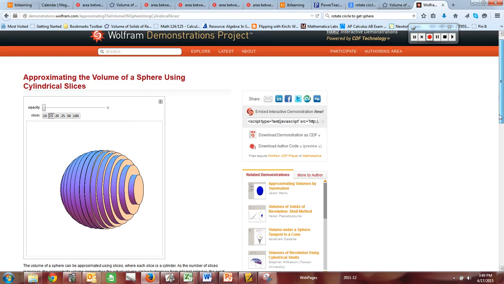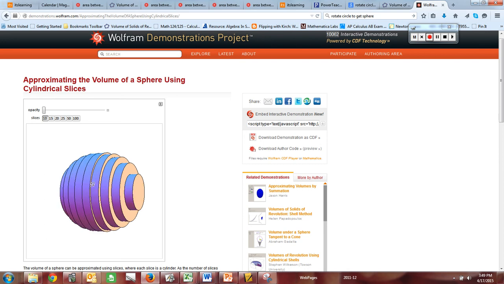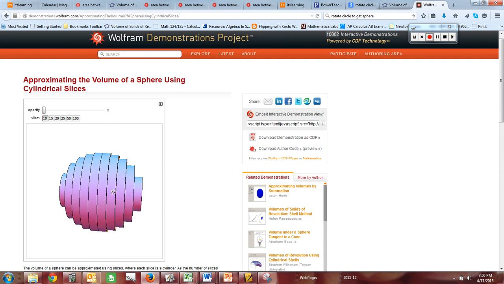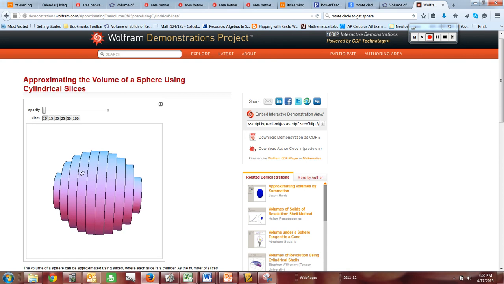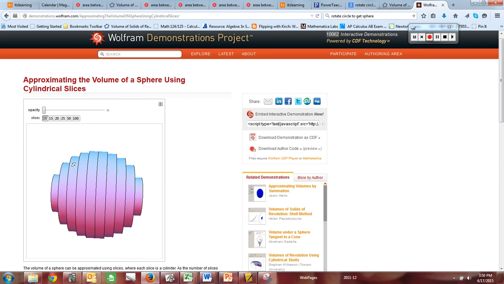If you search on Wolfram Alpha's website, or demonstrations.wolfram.com, you can find a couple of these. It allowed me to have a sphere, showing us slicing it into Riemann sums, and you can rotate it around and see that if you look at it directly, you would have a visual representation where you only see the rectangles.